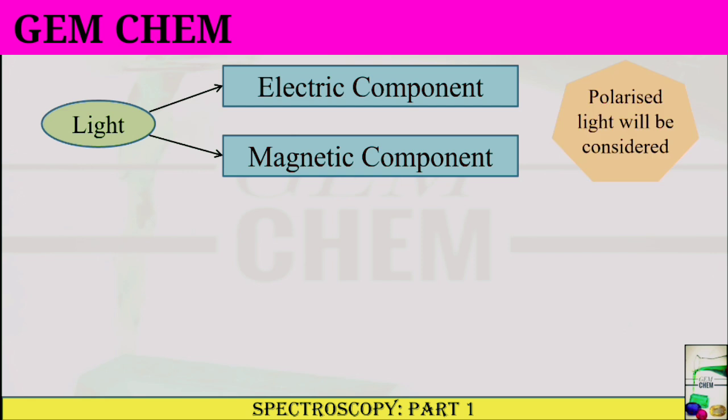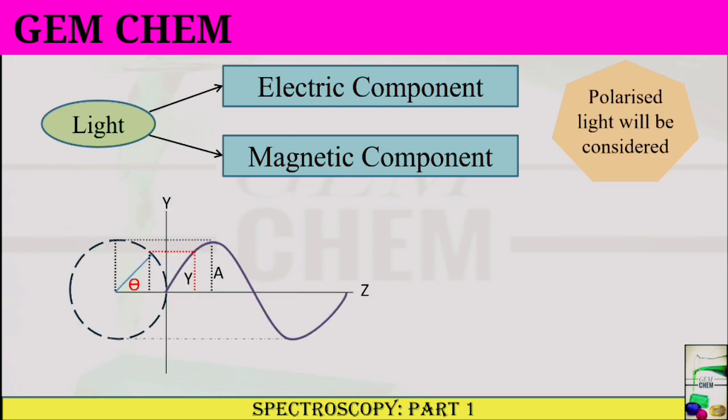So if we consider a wave of polarized light, we can see here that this is one complete cycle. This propagation of light ray is a harmonic motion, and the wave equation in terms of sine or cos can be expressed as y equals a sin theta. Now what is y? y is the amplitude at any instant of time, whereas this a is actually our maximum amplitude, and this a is also the radius of this circle.